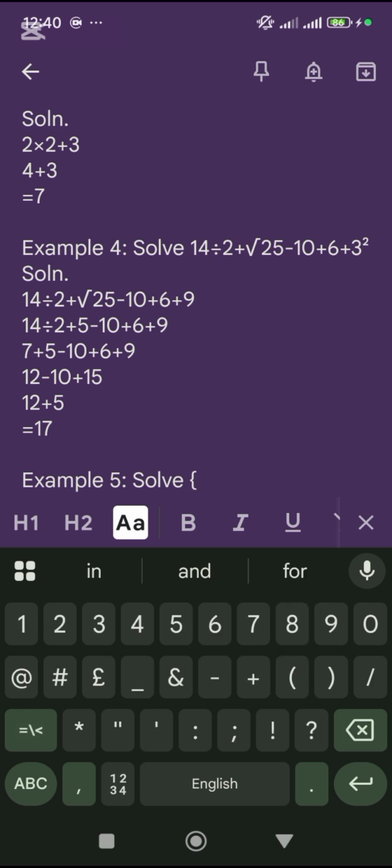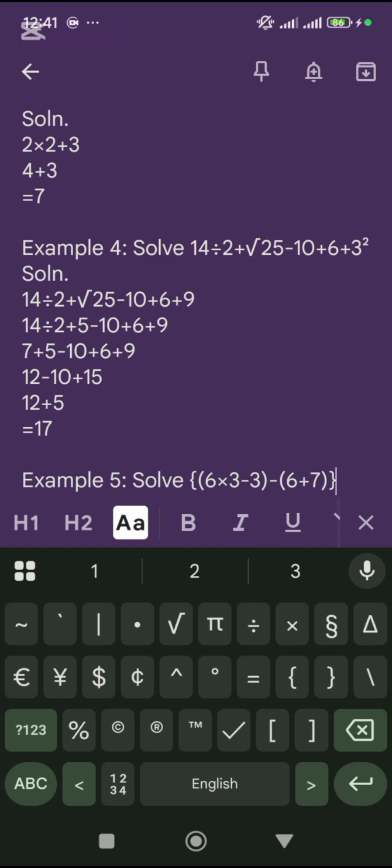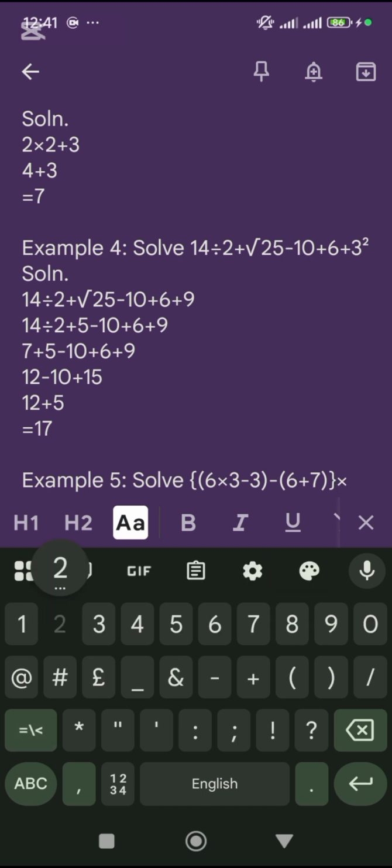Now we have the curly bracket coming in and the parenthesis. 6 times 3 minus 3, close parenthesis, open parenthesis, 6 plus 7, close parenthesis and close the curly bracket, times 2 raised to the power of 2, divide by 2.